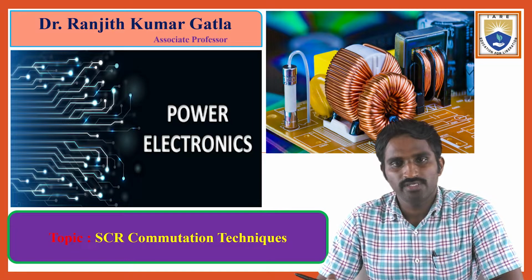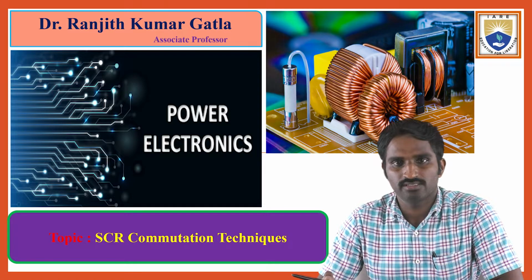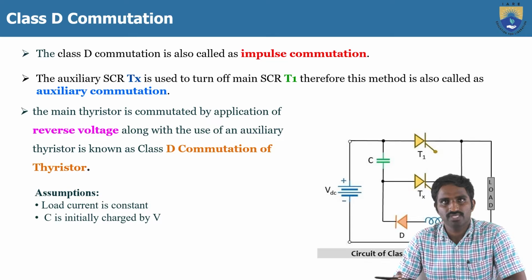In the second case, when the input supply is a DC source, we use the forced commutation techniques. There are different types of forced commutation techniques: class A, class B, class C, class D and class E commutation techniques. And class F commutation technique is the natural commutation technique.